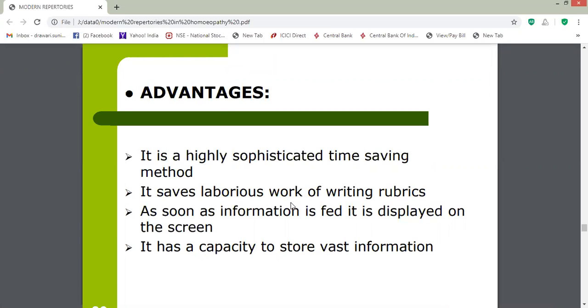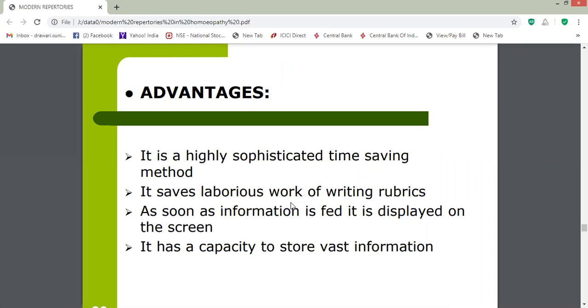If the computer goes wrong or the power supply is cut off, the doctor will not be able to prescribe any medicine on his own, because he has become totally dependent on the computer. It is difficult to prescribe without the help of software, without the concept of manual operation.